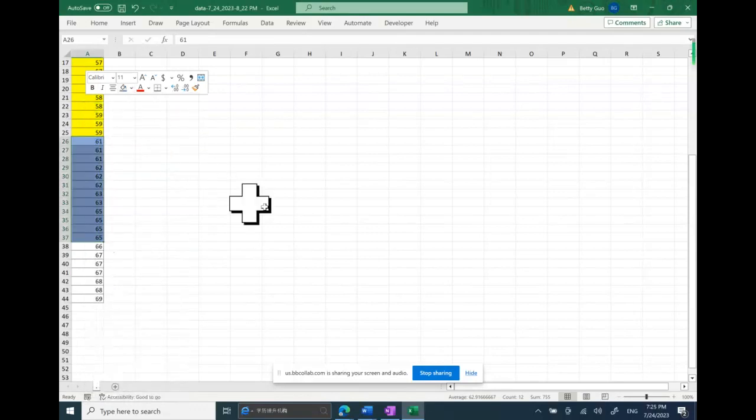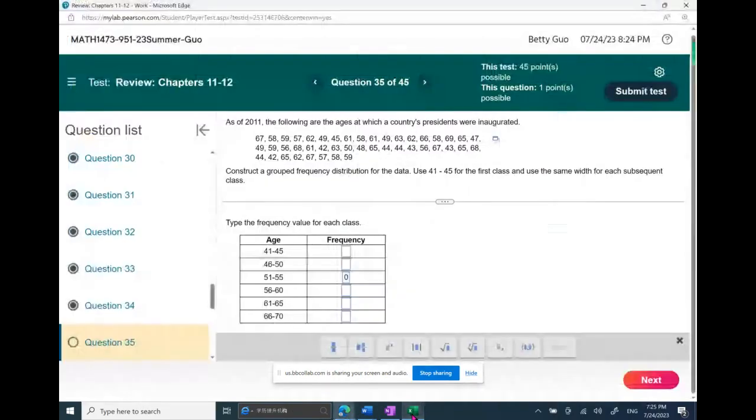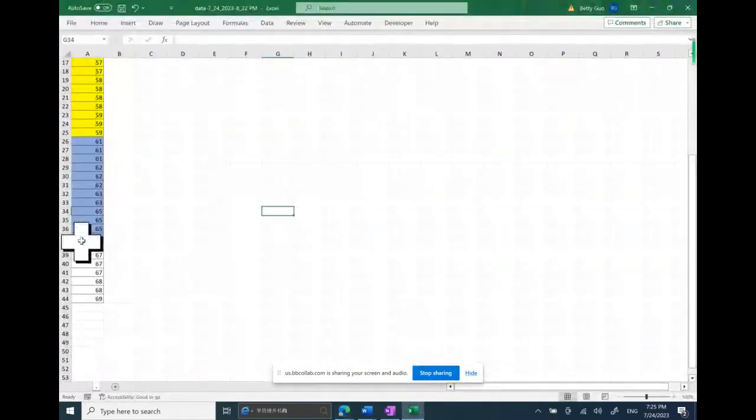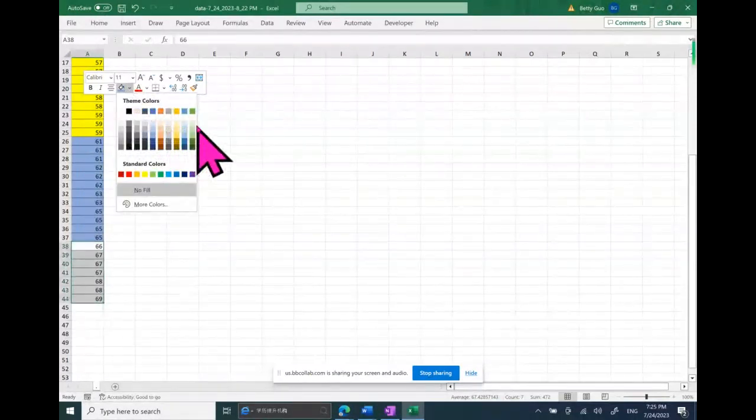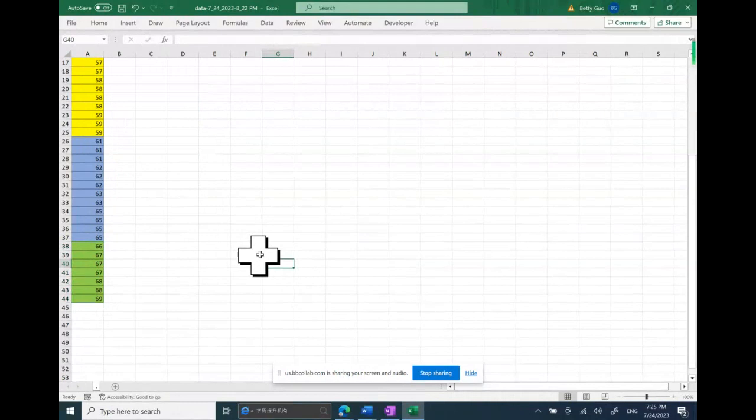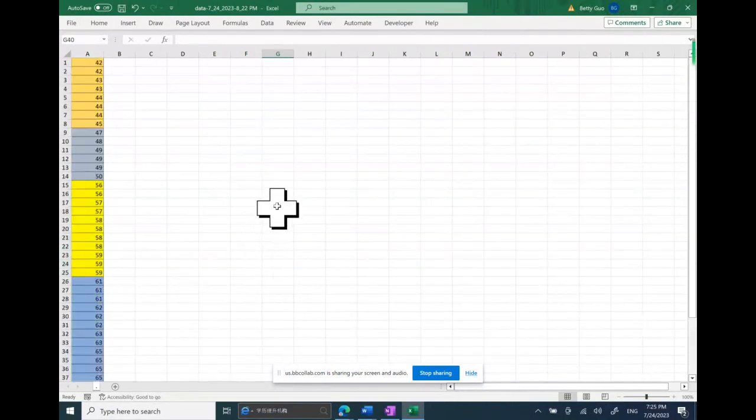Different color. And the next class, 66 to 70. So all of the rest, green.